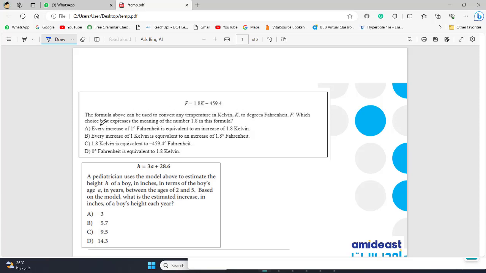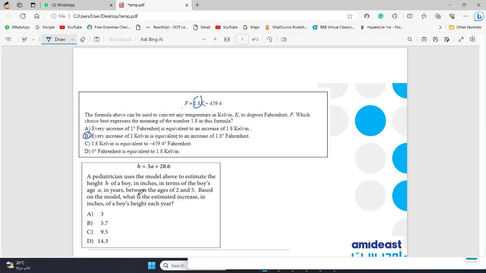Which choice best expresses the meaning of 1.8? 1.8 is the slope. The meaning: if K increases by 1, F will increase by 1.8. So every increase of 1 Kelvin is equivalent to an increase of 1.8 Fahrenheit. This is the correct answer, and that's it.